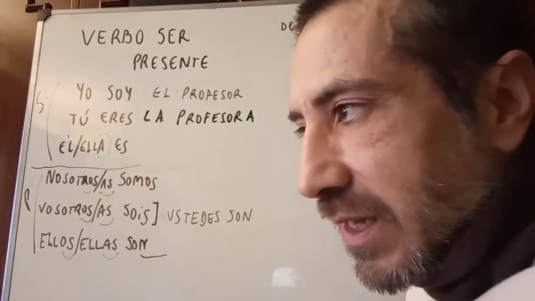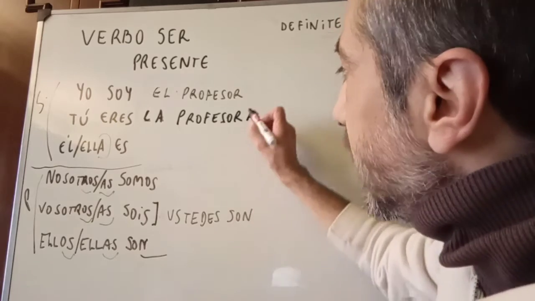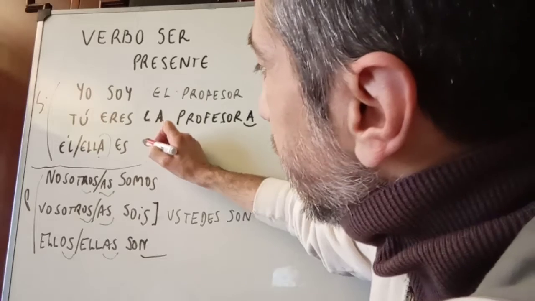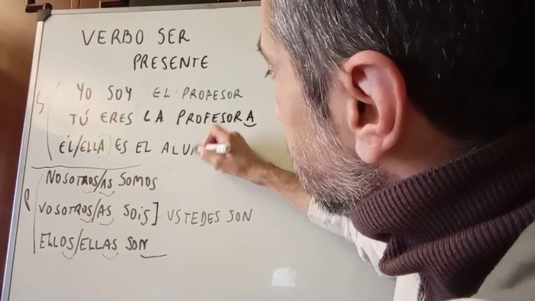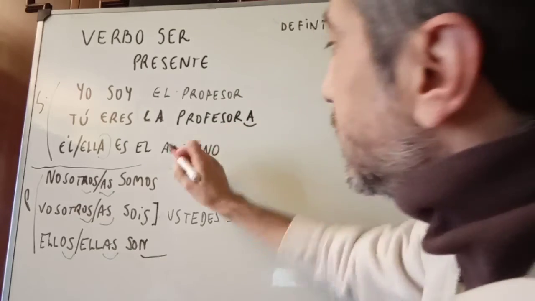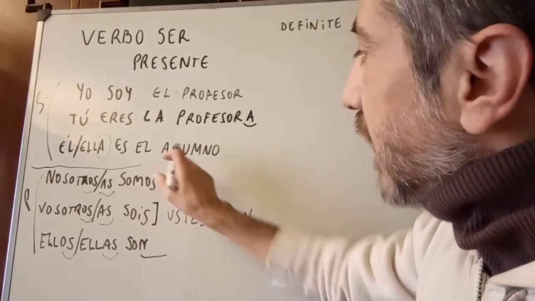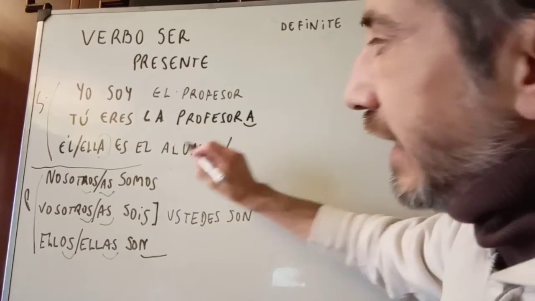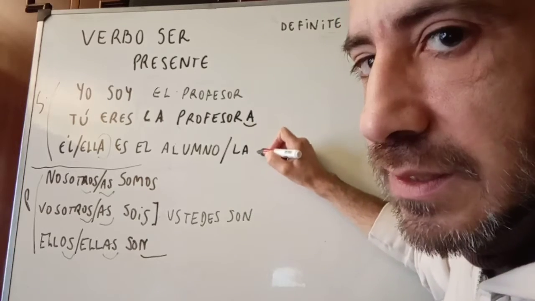There's another ending there. Actor, actress, well. But many times we do this. In this case, profesor, profesora. Él es el alumno. Let's review this. Let's revise it. Let's try to learn it. I used this word before. Él es el alumno. Ella es la what?